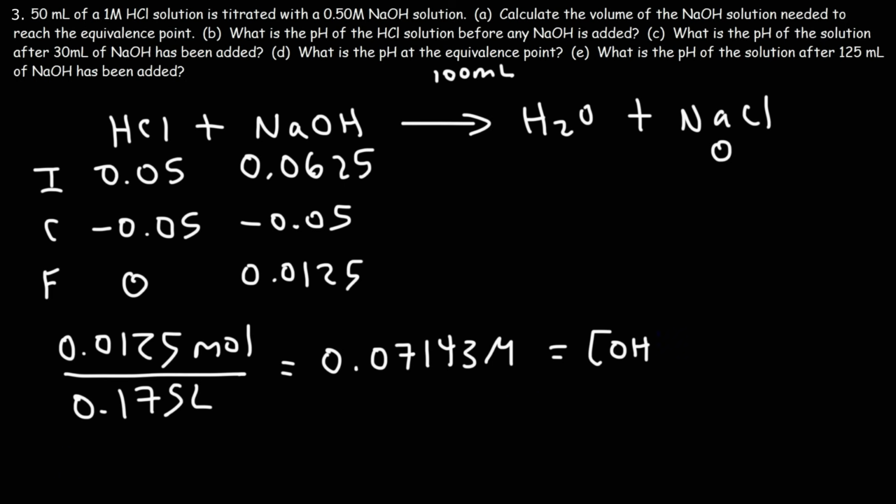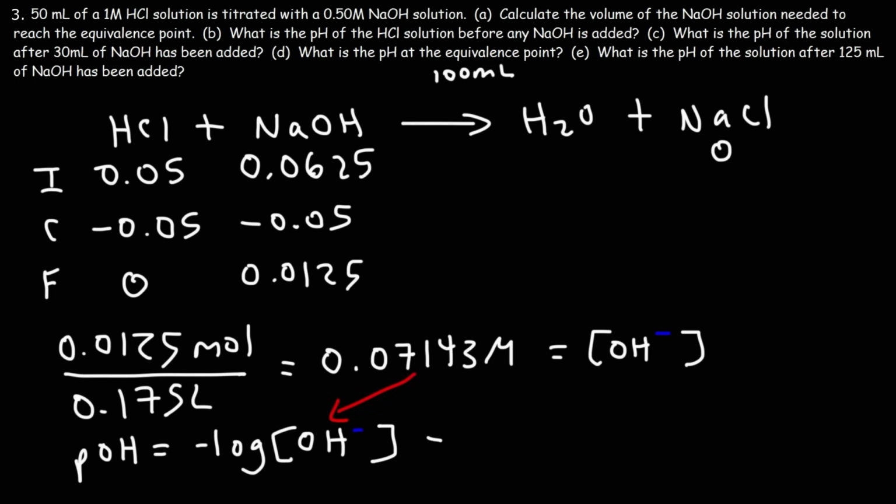So what we're going to do now is calculate the pOH of the solution. The pOH is negative log of the hydroxide concentration. So we're going to take this number, plug it into that equation. Negative log of 0.07143. That gives us a pOH of 1.146. Once we have the pOH, we can calculate the pH.